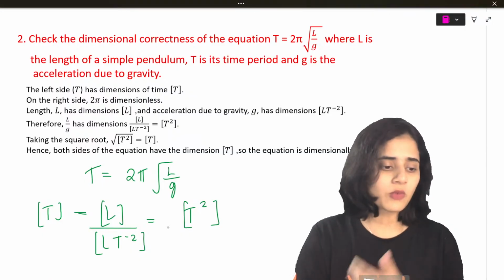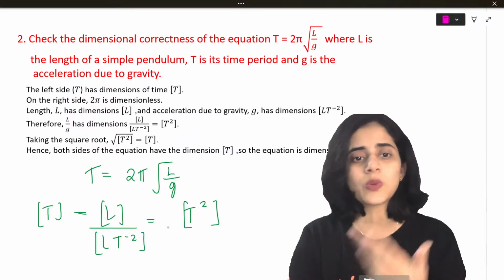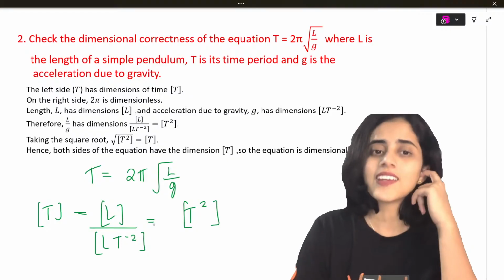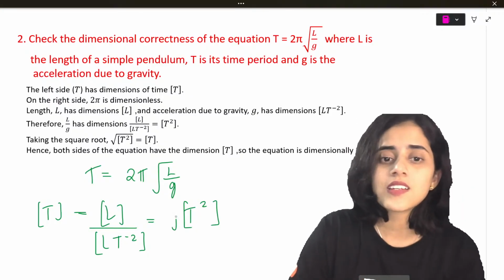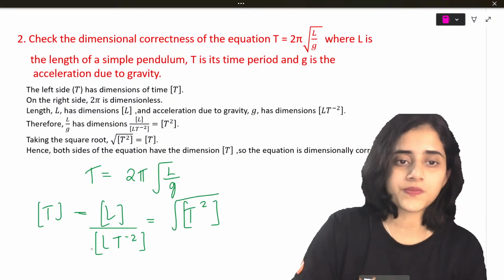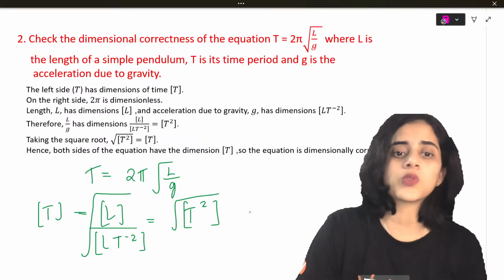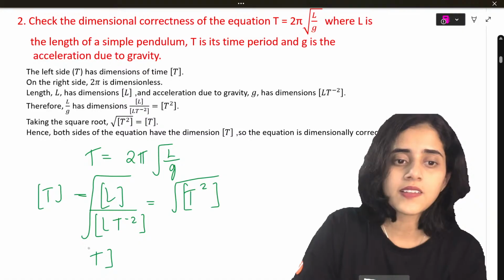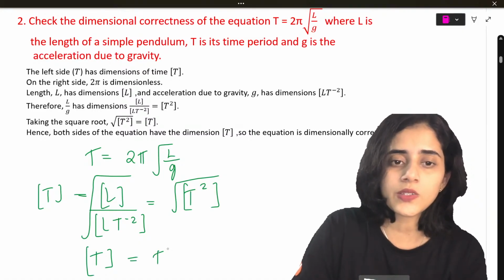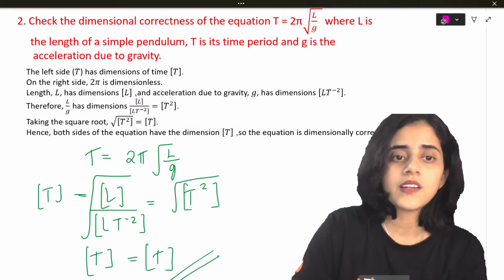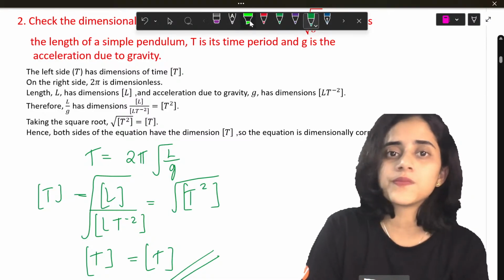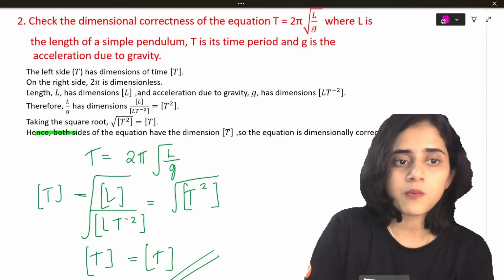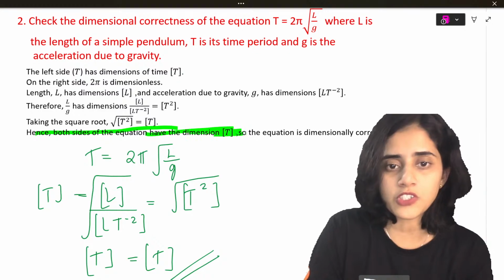So you might be wondering, ma'am, t is equal to t square, the equation is not dimensionally correct. But it's not t square, it is square root. So then what do we get? We will get t is equal to t. So you can say that both sides of the equation have dimension t.